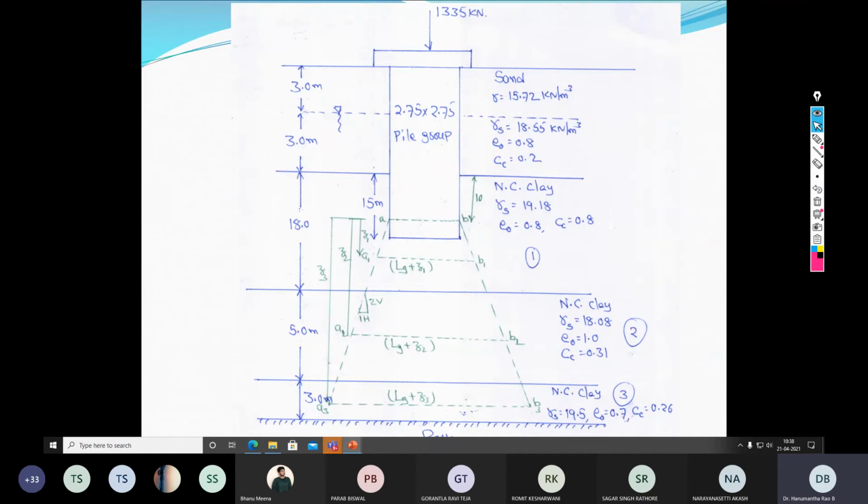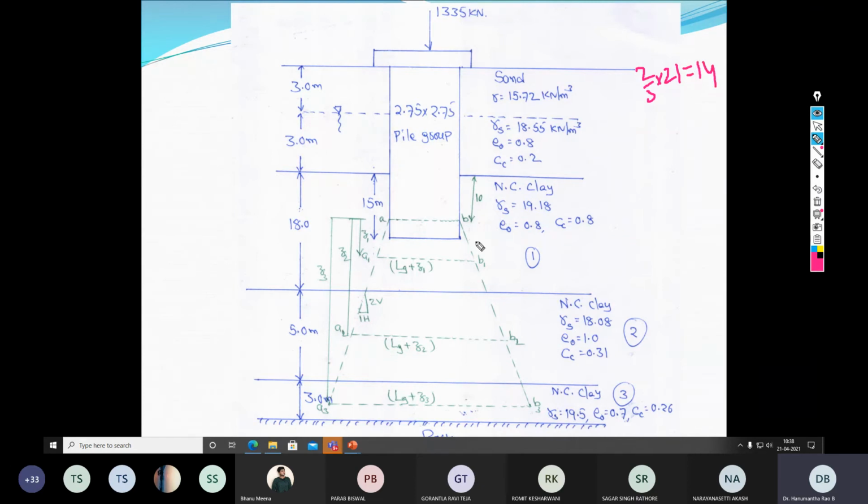Because see, it will become 15 plus 6, so that is 21 meter. So 2/3 of 21, approximately 14 meter.